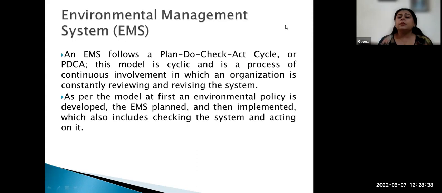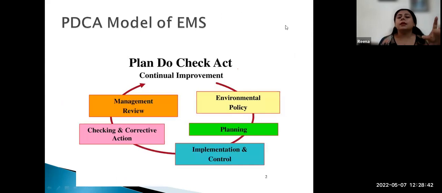It is basically based on the plan, do, check, and act cycle. So you implement a policy, you plan what the policy initiatives and activities are, how you are going to achieve the objectives of that policy, then implementation and control. Again, you are going to check and take corrective action, and you are going to review.